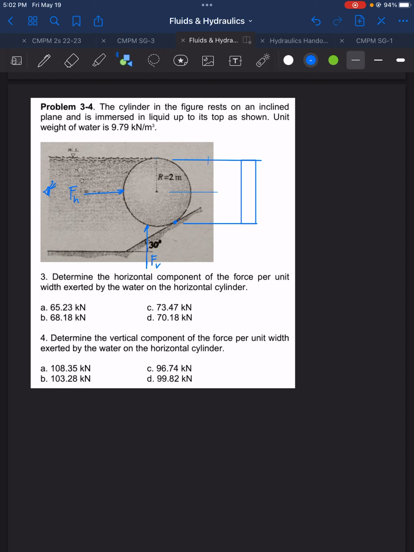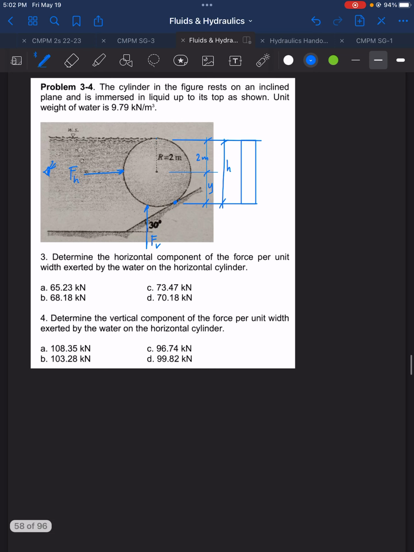Let's say this is the 2 meter radius. Let's name this as Y. This portion here, Y. So what is the total H here? So we can get the value here.